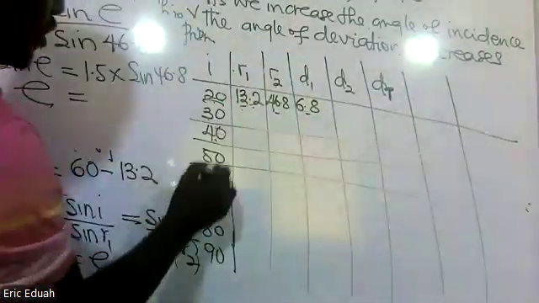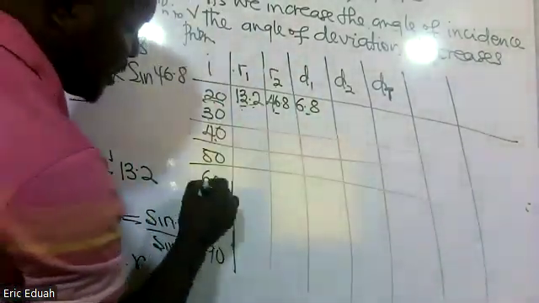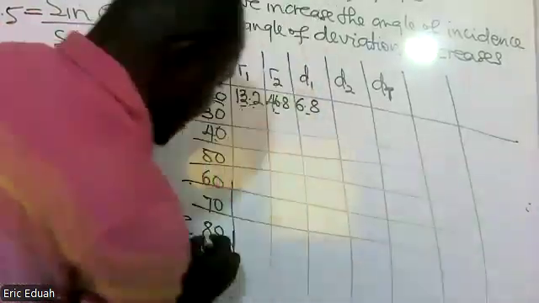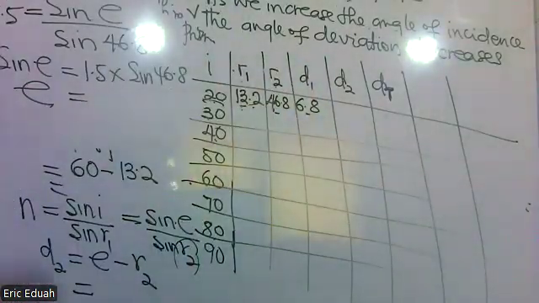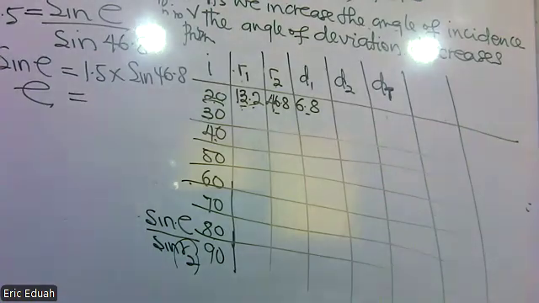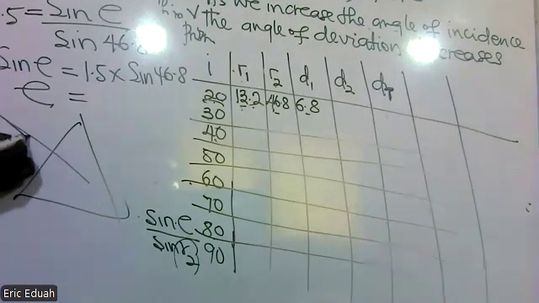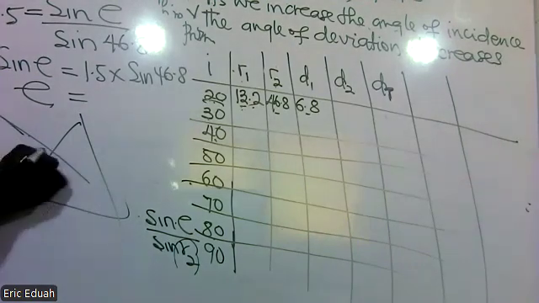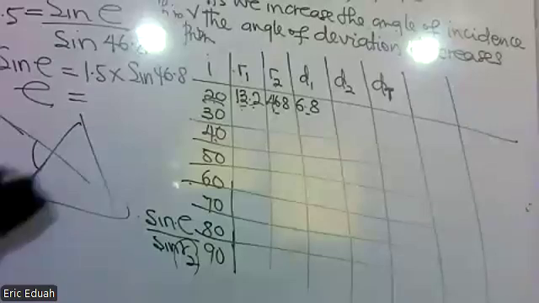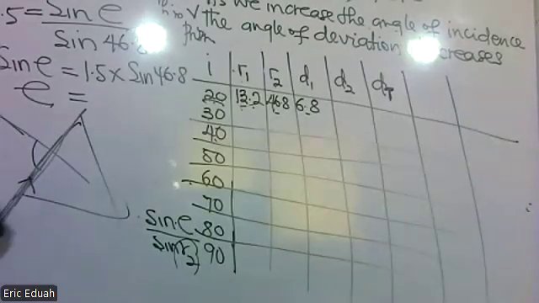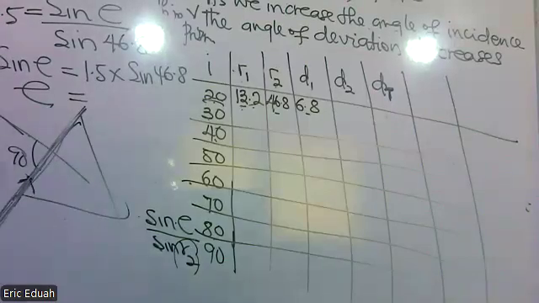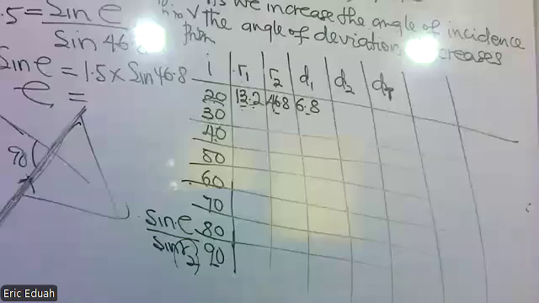So the next angle to consider is 30, 40, up to 80. 90 wouldn't give us anything because an angle of 90 means that if there's a normal, the angle of incidence, the light will just be along the boundary. The light will just be here because this must be 90. And if the light is just along this, it will not deviate. So the angle of 90 would also not work.